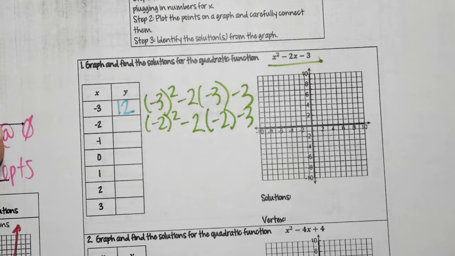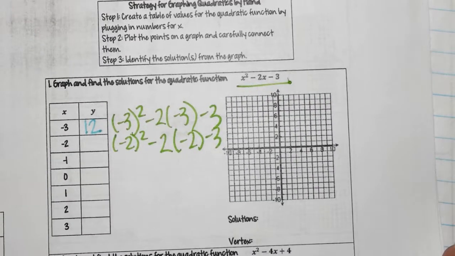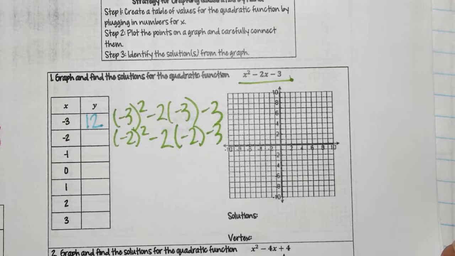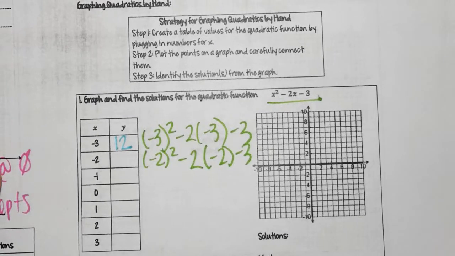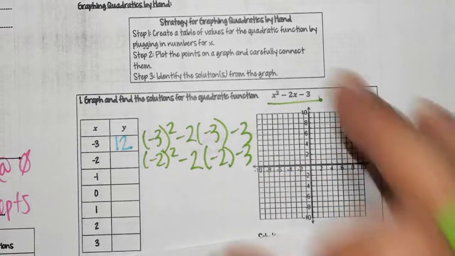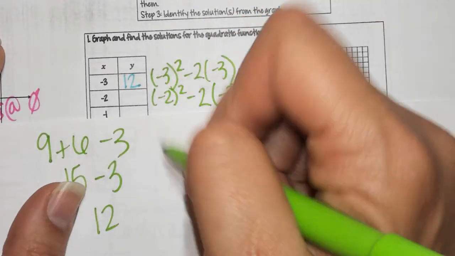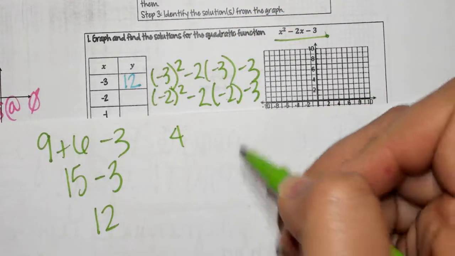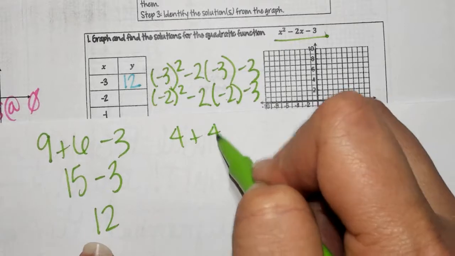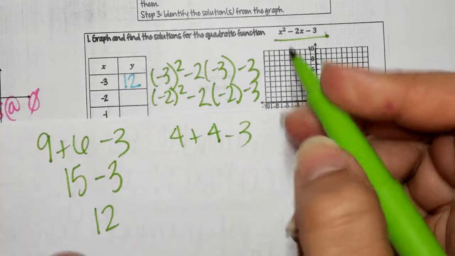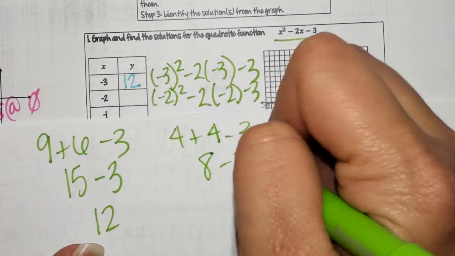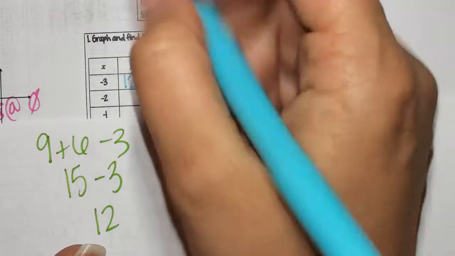What is -2 squared? 4. What's -2 times -2? 4. And minus 3. What's 4 plus 4? 8. And what's 8 minus 3? 5.